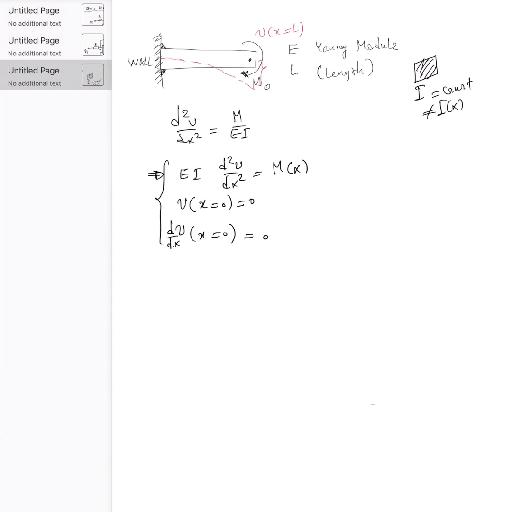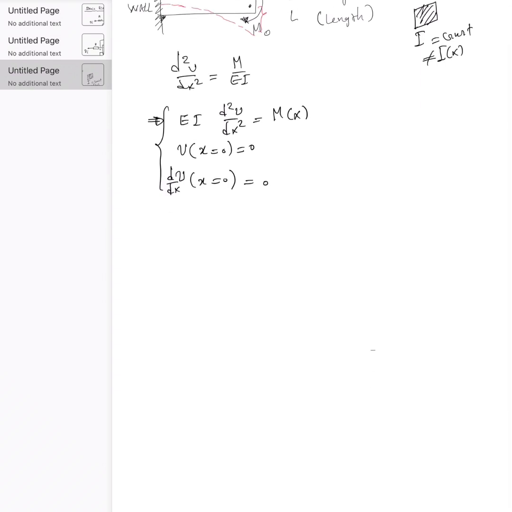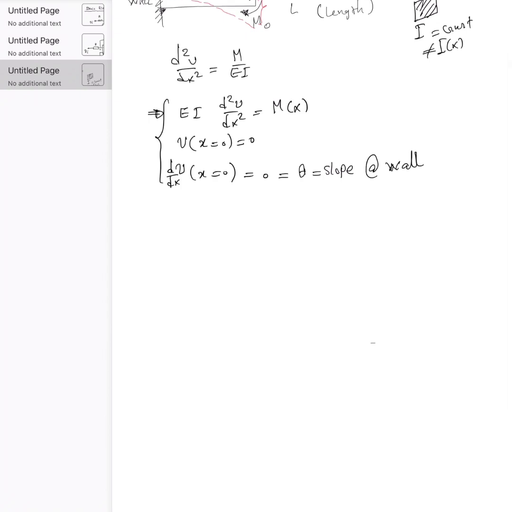So this is my problem, which is an ordinary differential equation of second order with two boundary conditions. This is a mathematical description of the problem. And I know that dv/dx is equal to theta, the slope at the wall, the slope of the elastic curve. We already discussed this.